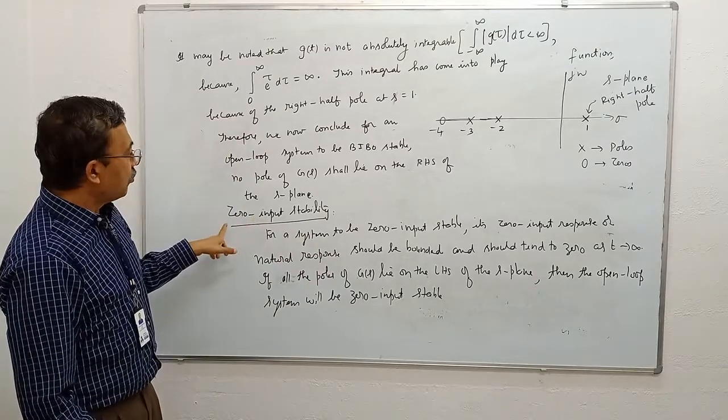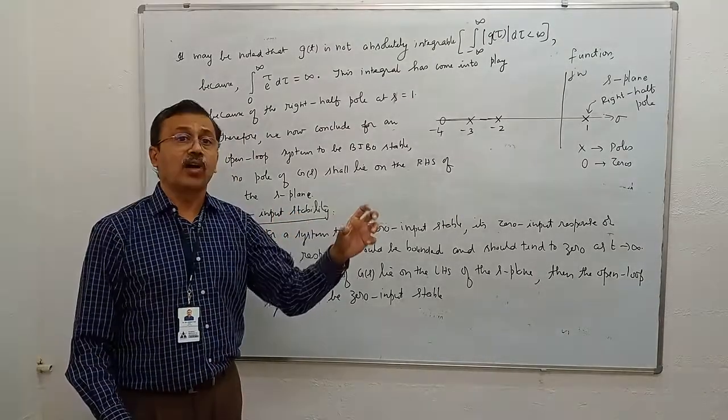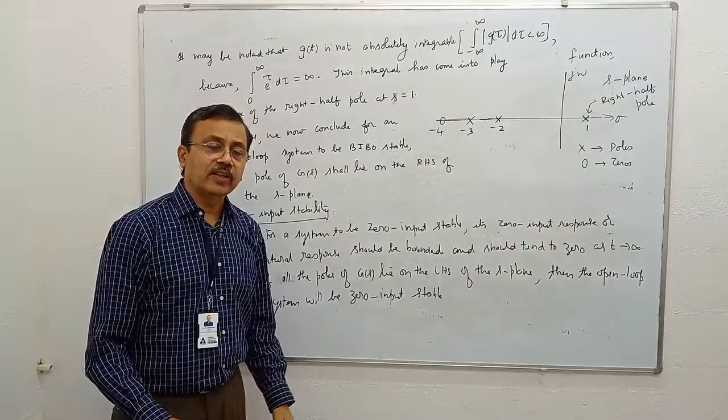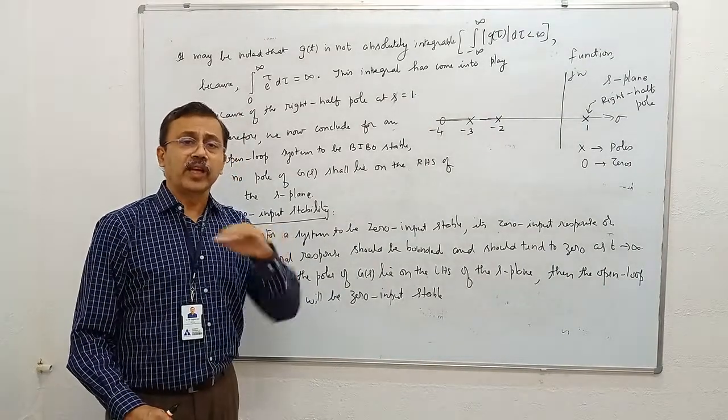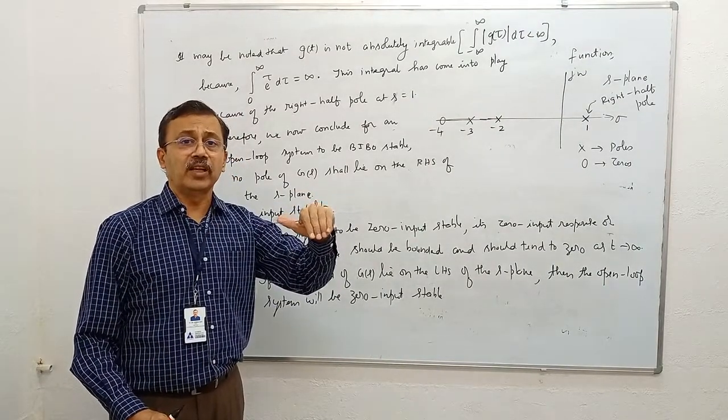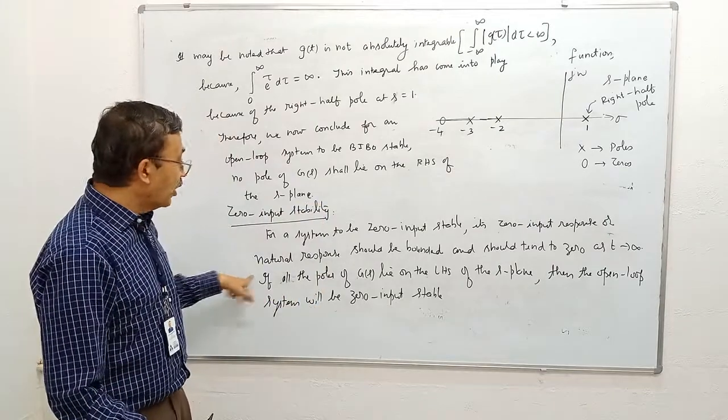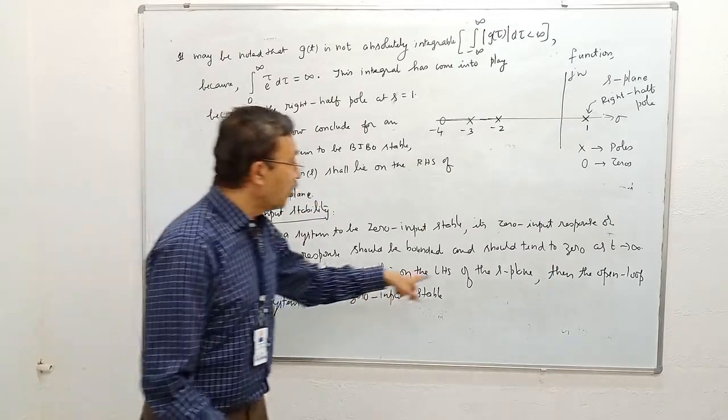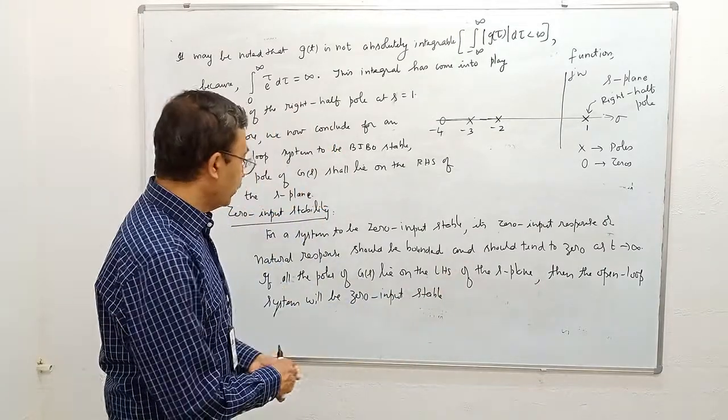Please note that zero input stability is also called asymptotic stability. The reason for bringing in this asymptotic stability definition is that as t tends to infinity, the zero input response tends to zero.